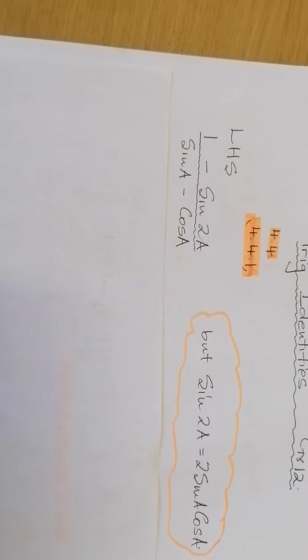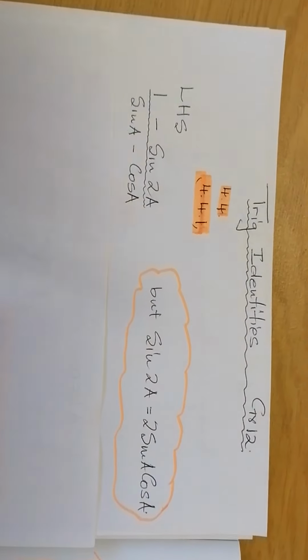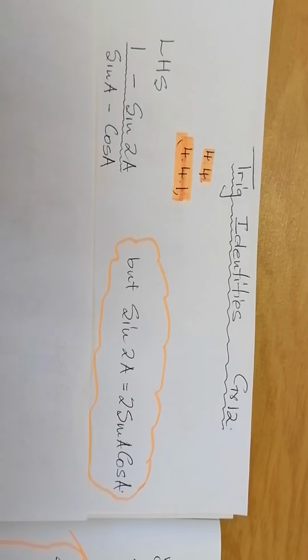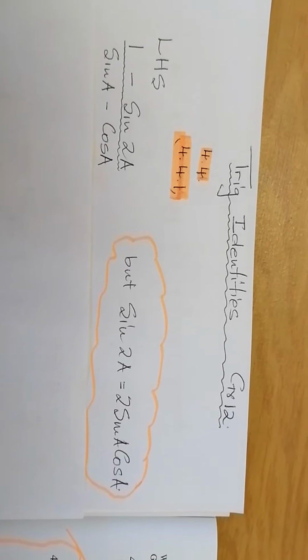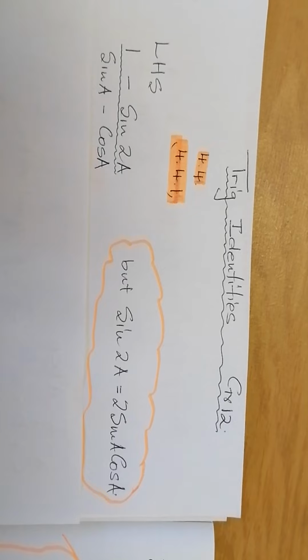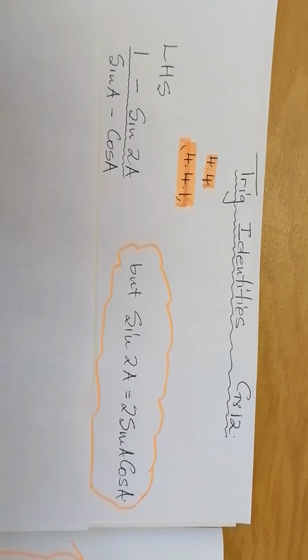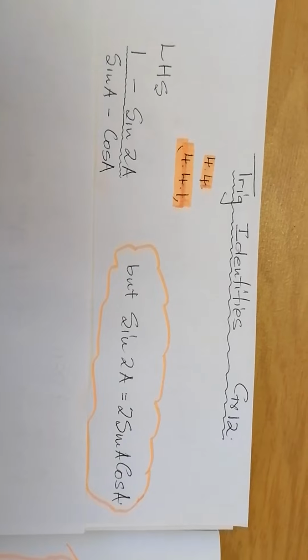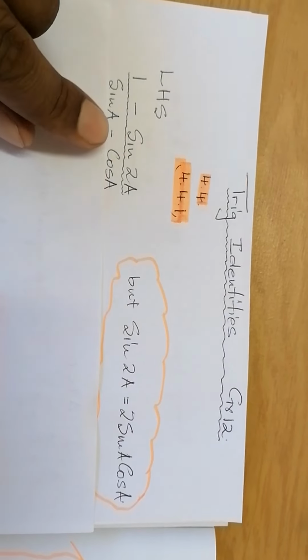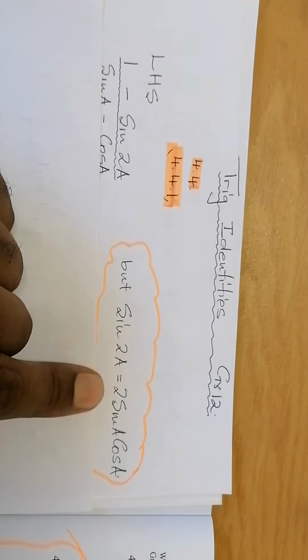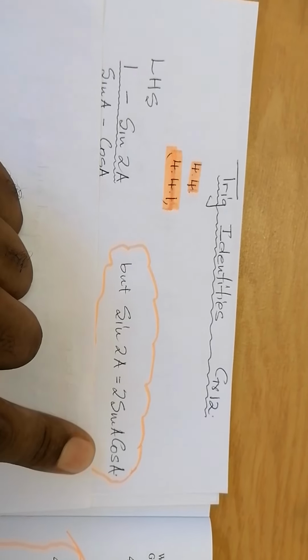The first thing that I said to you was, choose the side that you can simplify the most. In my case, the left-hand side was the side that I chose. Now, from there, I remembered that sine 2a is 2 sine a cos a.